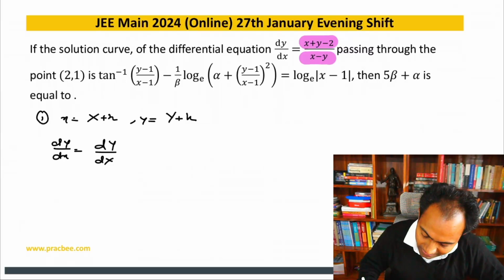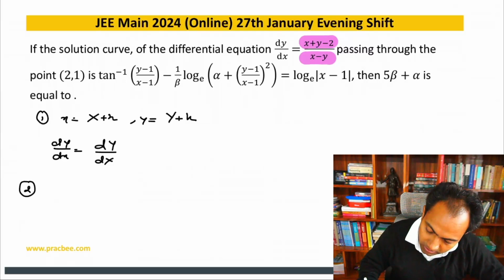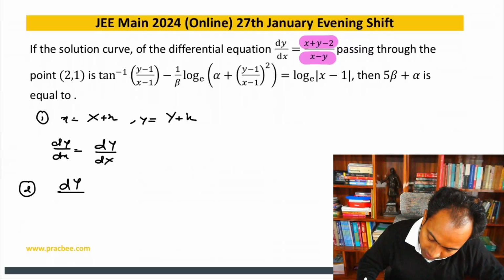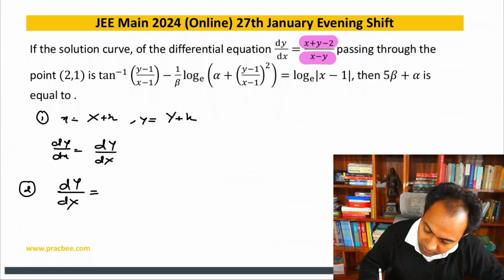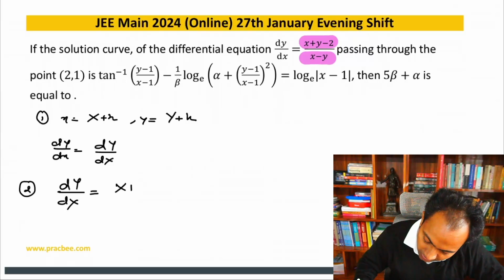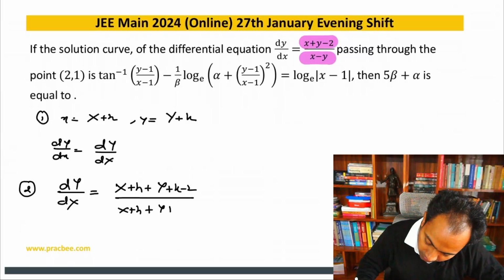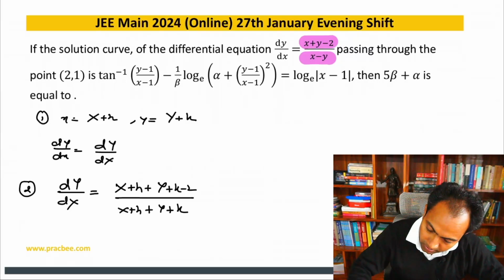Now once you have done that, in the next part let us do this substitution: d of capital Y by d of capital X in place of dy by dx. In place of small x, we can write capital X plus h, capital Y plus k minus 2, capital X plus h, capital Y plus k. And there is a minus sign in the denominator.